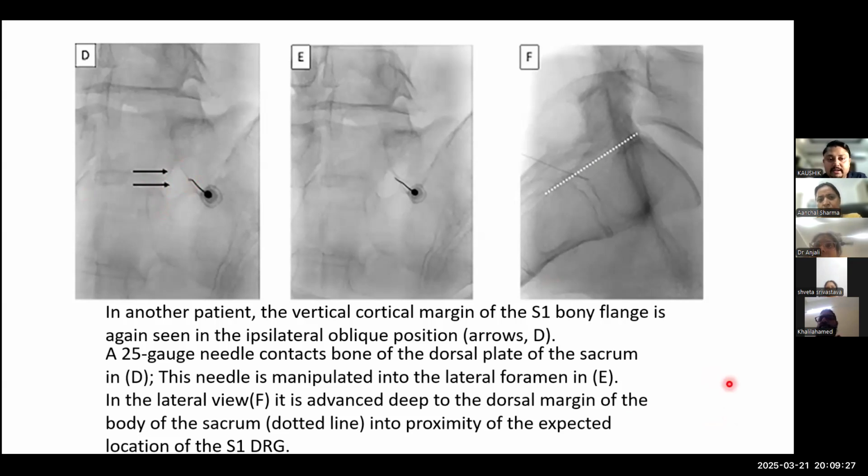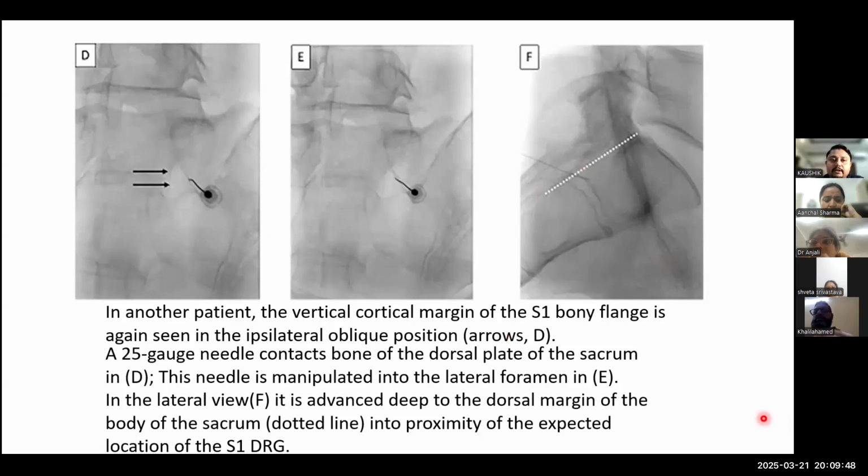So in E, they have manipulated the needle further, and what they have shown in image F is a lateral view in which the needle is inserted deep to the dorsal margin of the body of the sacrum in this direction.